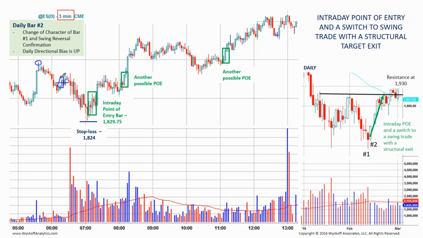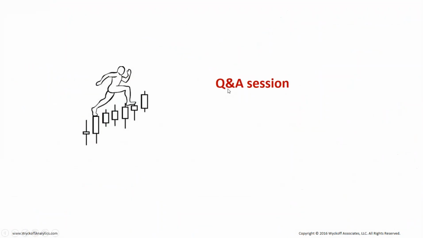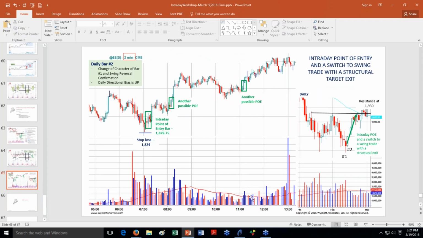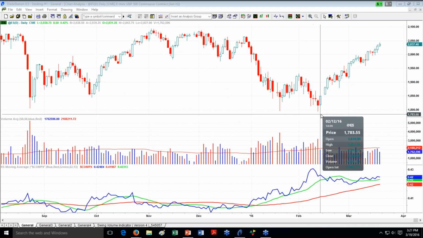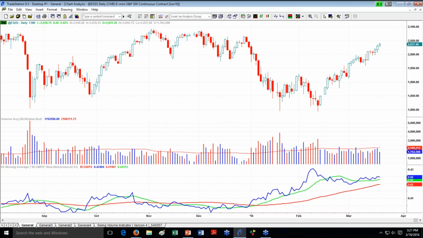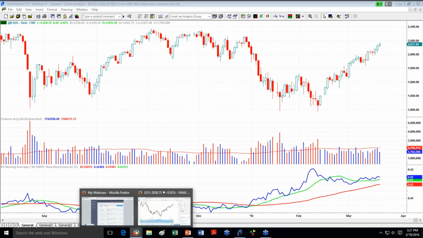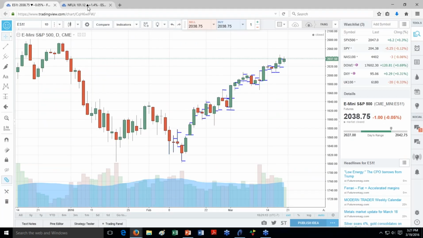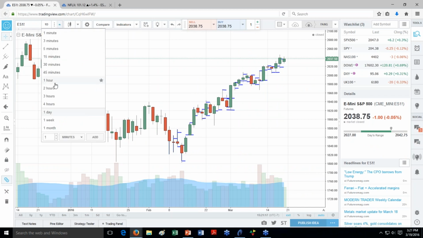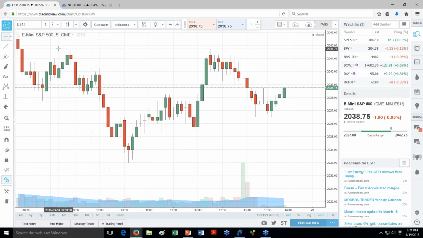So I can anticipate that there could be a fake reversal here. So instead of using 3 minutes, I can go, and this was on 12th. And instead of 3 minutes, I can try and use 5 minutes.